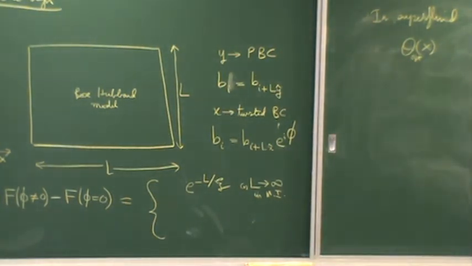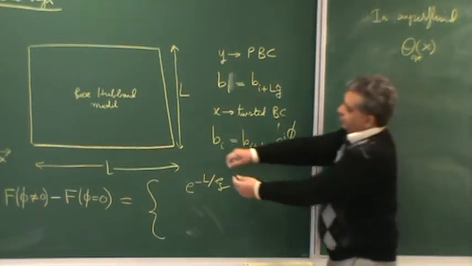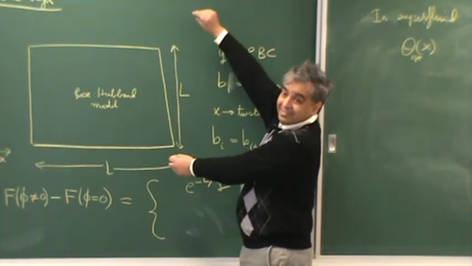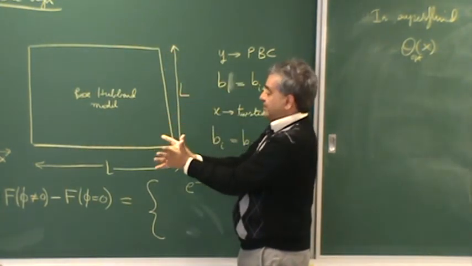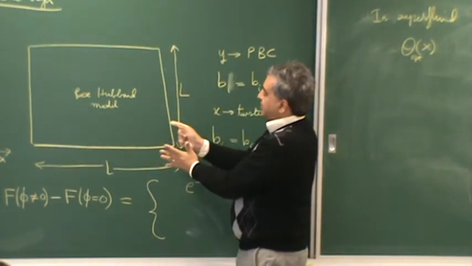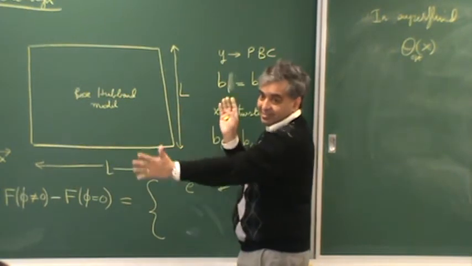You could put θ equal to a constant, and there won't be any bulk energy cost here, but then you'll pay a huge energy cost everywhere along this line. So you want the best θ that lowers the total free energy.